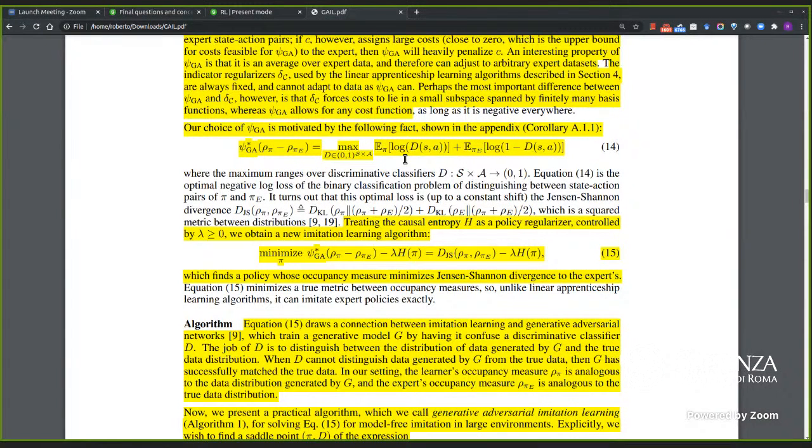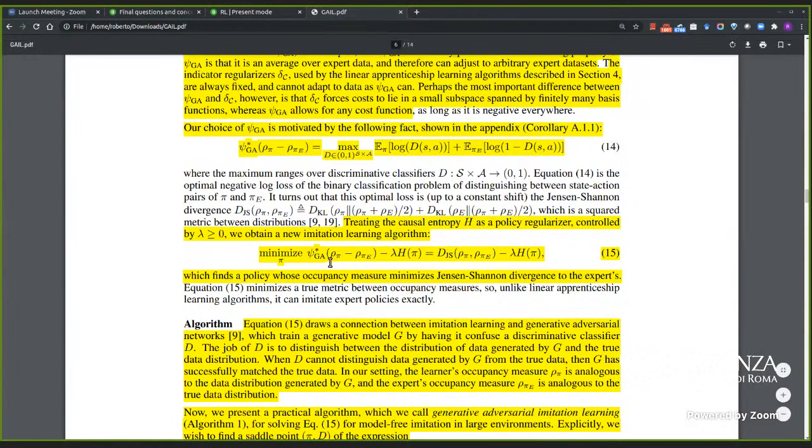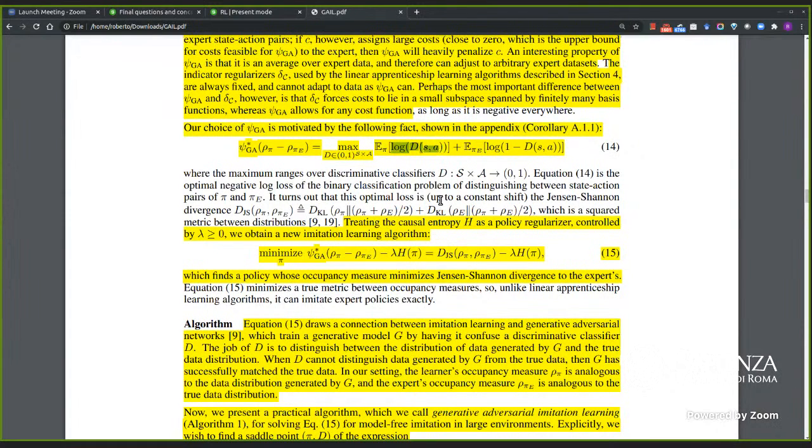Then in equation 15, it's adding an additional thing where it's saying that over this, we also want to minimize the cost over the policy, which means we want to find the best policy for which, if we treat it as a cost function, it's hard for the classifier to distinguish between the data of the policy and the data of the expert.